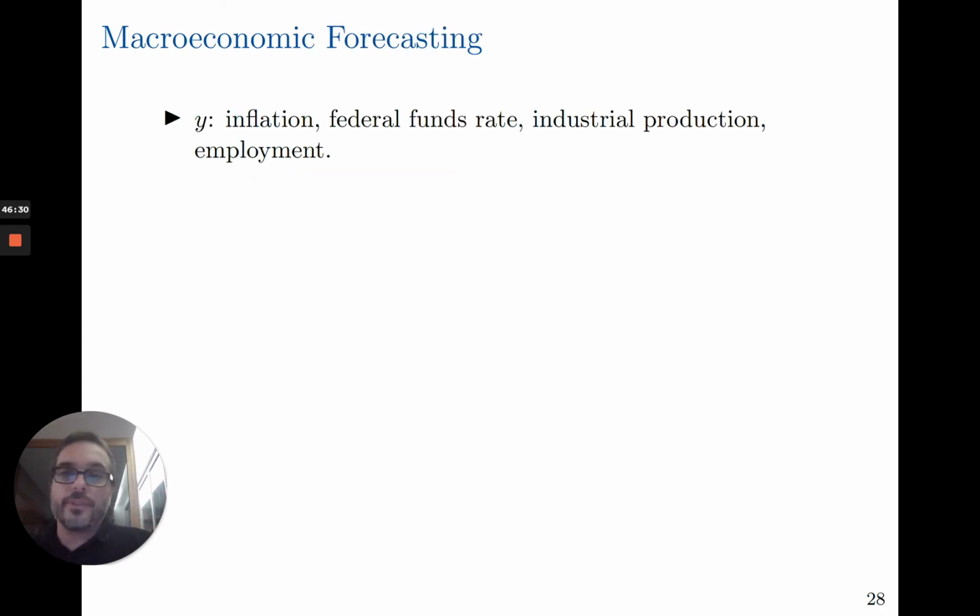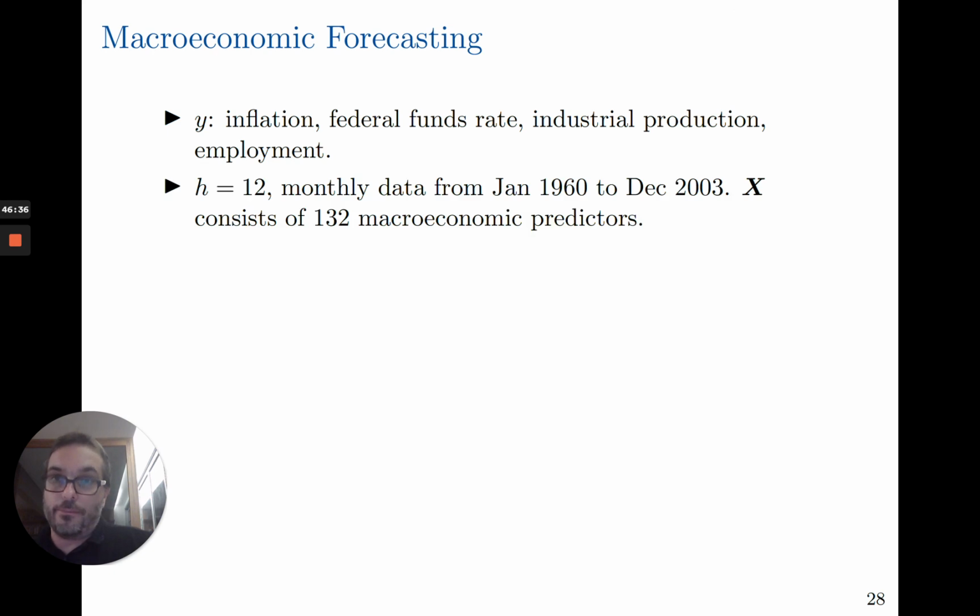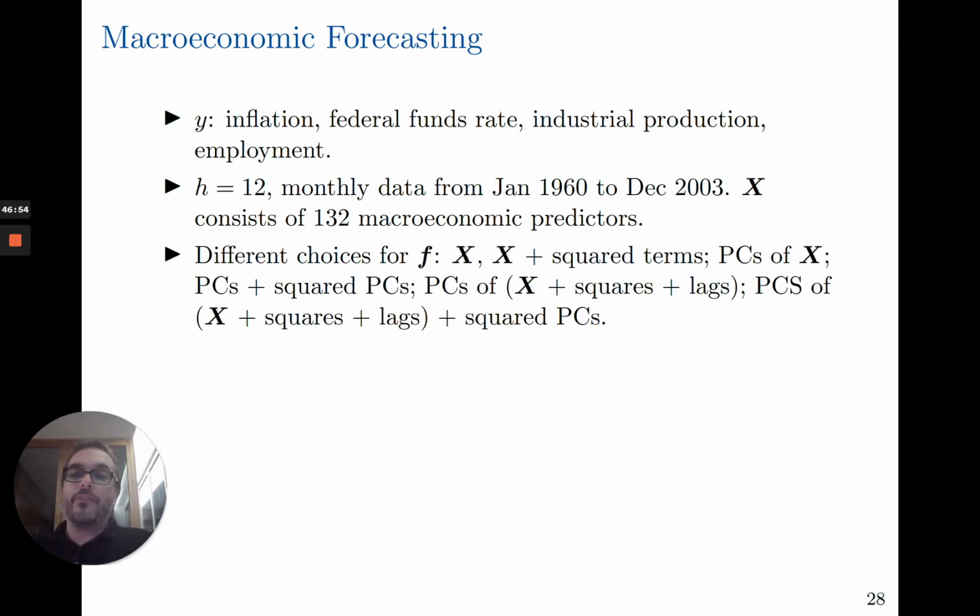I'm going to show results for inflation, federal funds rates, industrial production, and employment. They are looking 12 steps ahead, so one year ahead. Data from 1960 to 2003. What's the x's? 132 macroeconomic predictors. And they have the following choices for these factors F that I showed you in the previous slide.